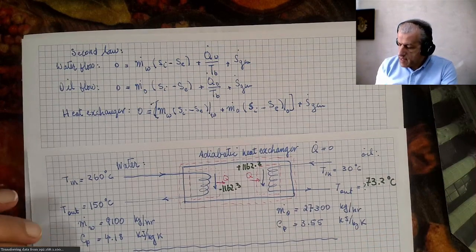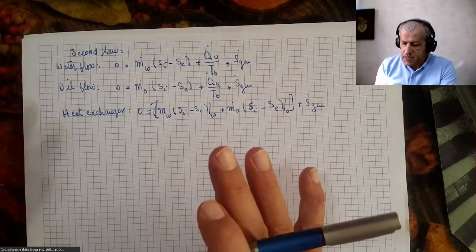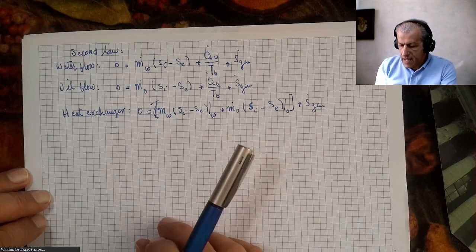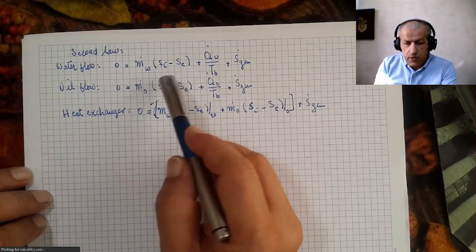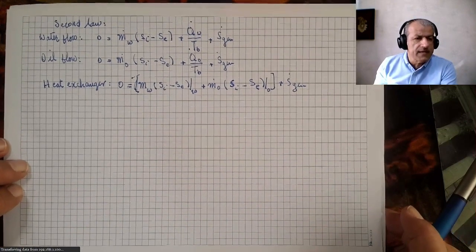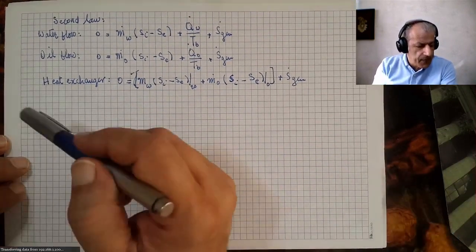Now, let's see what terms these equations have and how we could calculate them. A very important point is how we could calculate Si minus Se.